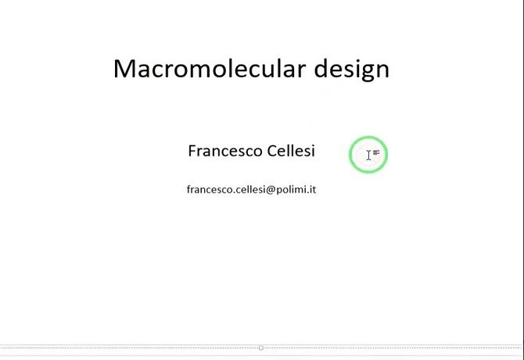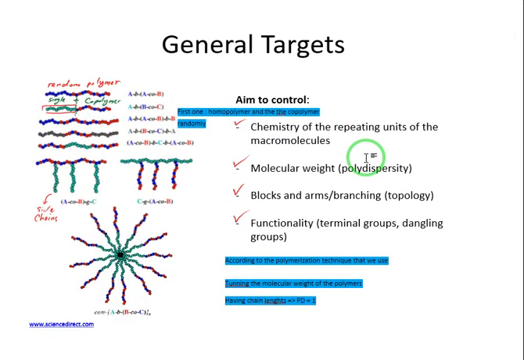Each of the polymerization techniques that we are going to introduce has its own power in order to design the macromolecules. But what is exactly a macromolecule? In order to have an understanding, an image of the macromolecules, just have a look at these macromolecules that we have here. You see that the first one is just a combination of the monomers A and B, and they seem to be connected to each other in a random manner.